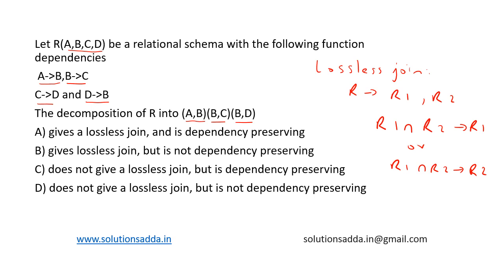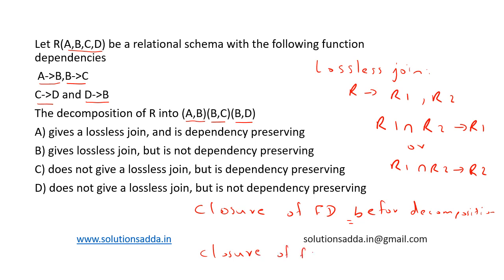Second one is dependency preserving decomposition. So decomposing the relation R into R1 and R2 is a dependency preserving decomposition if closure of functional dependencies after decomposition is the same as closure of functional dependencies before decomposition. So closure of functional dependencies before decomposition is equal to closure of functional dependencies after decomposition.